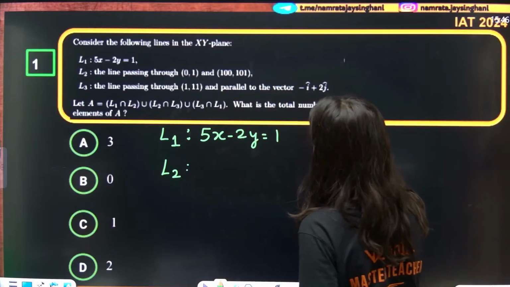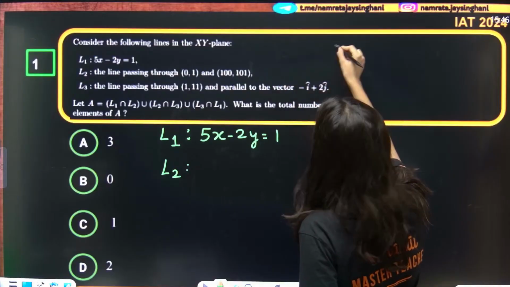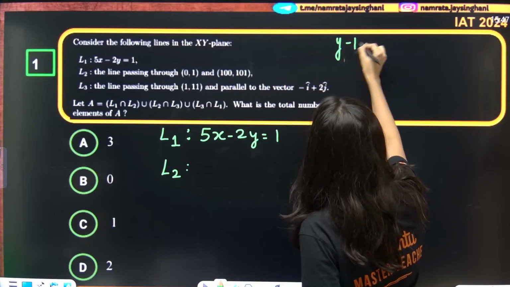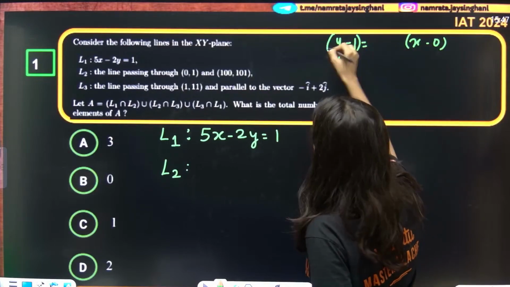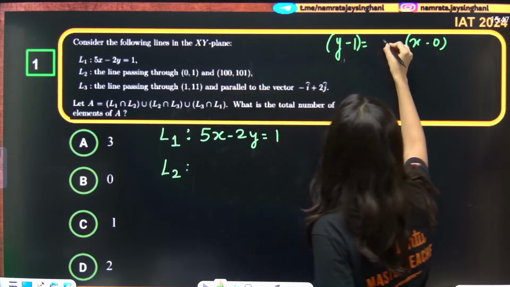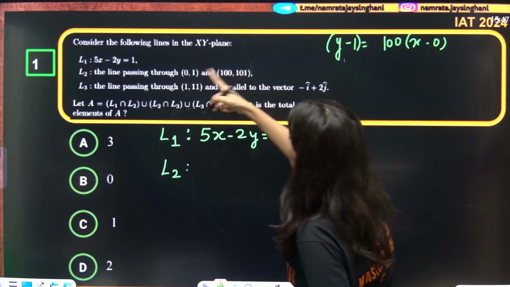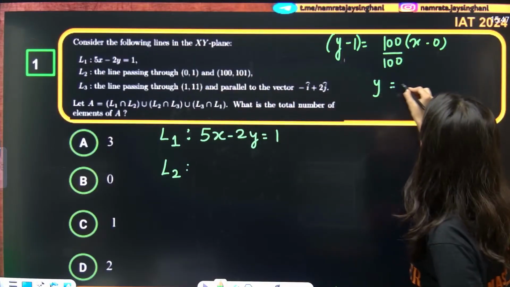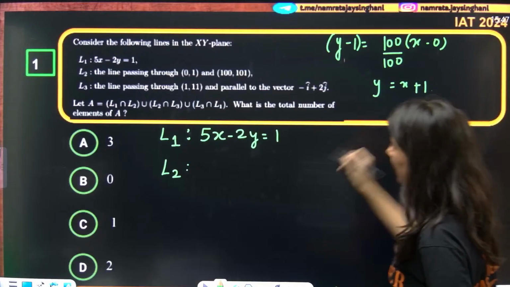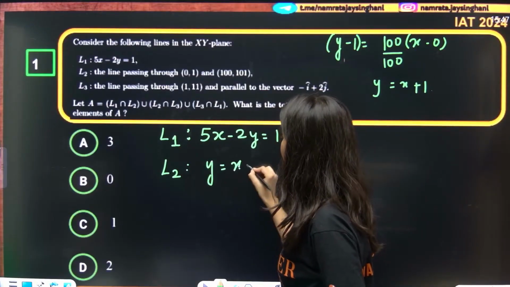If I write this line, y minus 1 equals slope times x minus 0. The slope is 101 minus 1, which is 100, upon 100 minus 0, again 100. So clearly line L2 is y equals x plus 1.